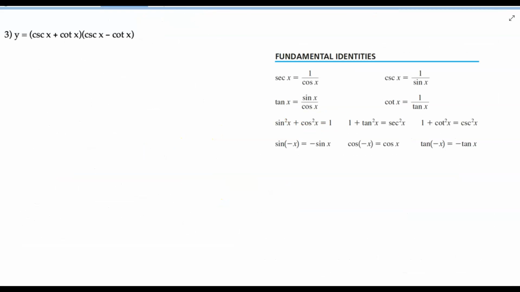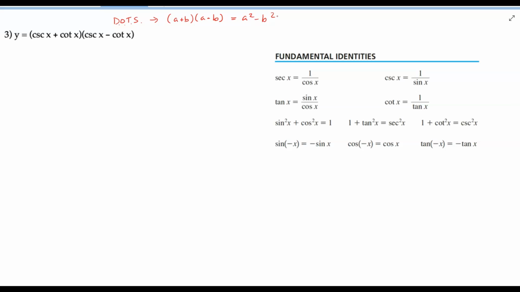In this example, I see that I have cosecant of x plus the cotangent of x times the cosecant of x minus the cotangent of x. I recognize this as something that I call DOTS, a difference of two squares. Coincidentally, that's also my favorite candy. If I have a plus b times a minus b, I get a squared minus b squared.